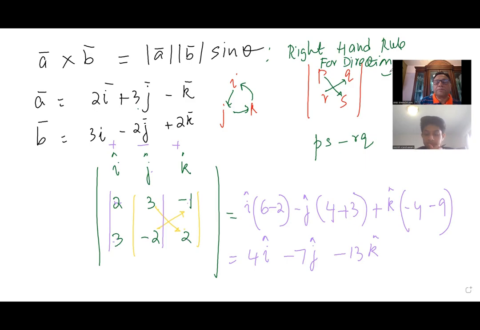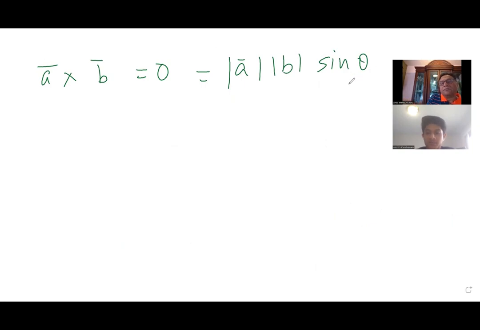Perfect. Now, if the cross product is 0, it means what? It means that the two vectors are collinear, right, sir? So basically, magnitude of A times magnitude of B times sine theta. But we are talking about non-zero vectors, correct?